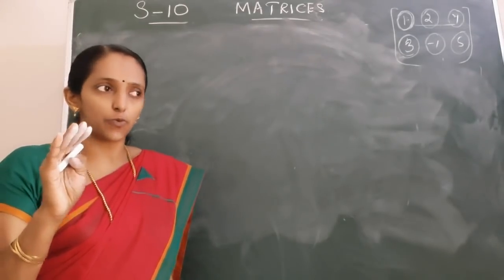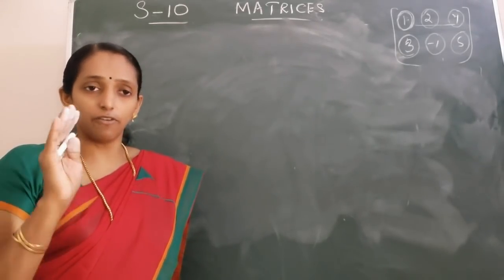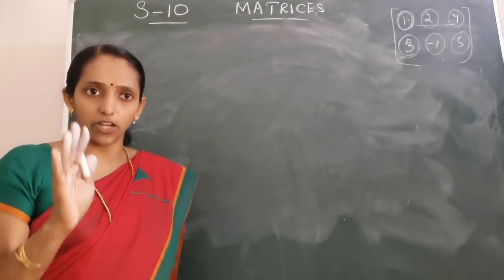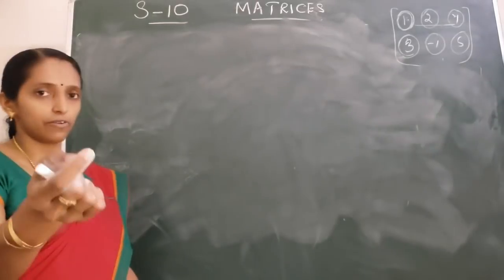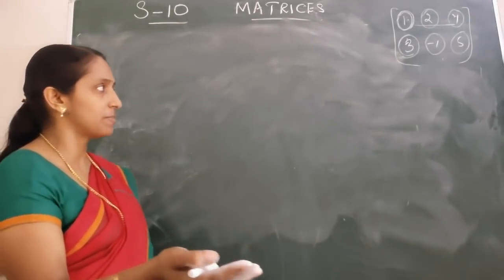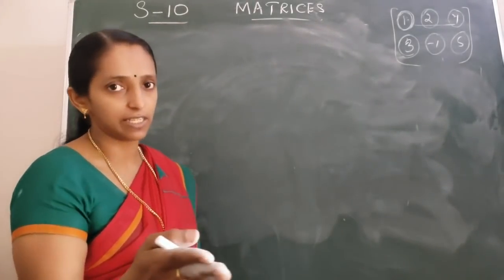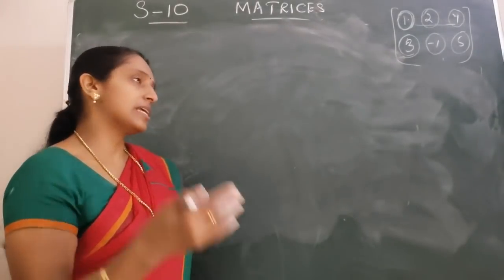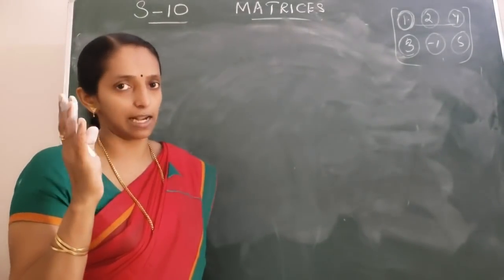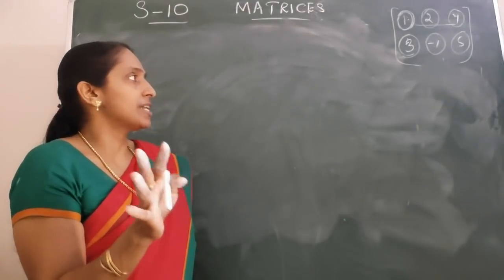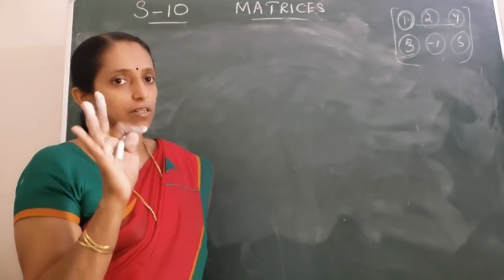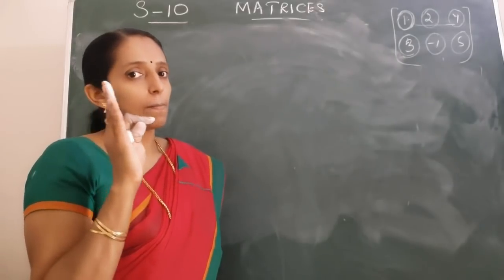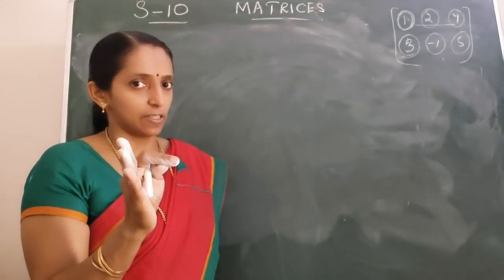Among these four operations, division we will see only the general term very slightly. All the remaining terms you will see in higher classes. So addition, subtraction and multiplication of matrices are mainly what we are going to see.